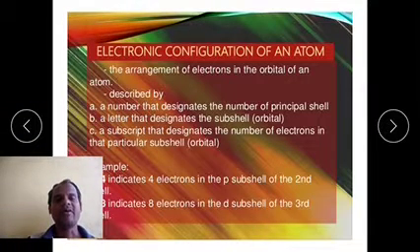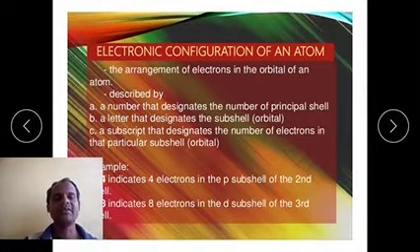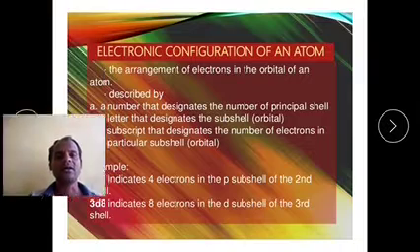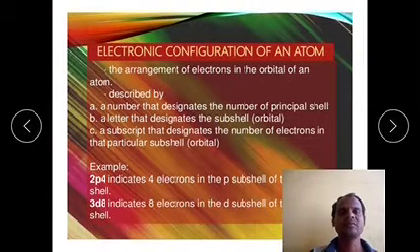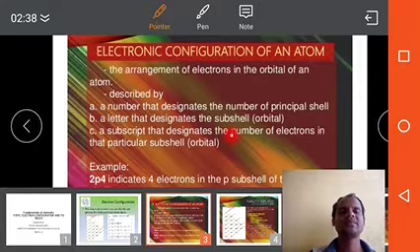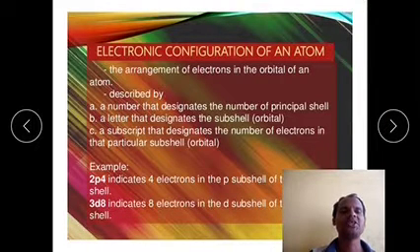Here I am once again repeating the definition of the electron configuration of an atom. The arrangement of electrons in the orbitals of an atom is described by a number that designates the principal shell, a letter that designates the subshell, that is the orbital, and a subscript that designates the number of electrons in that particular subshell.